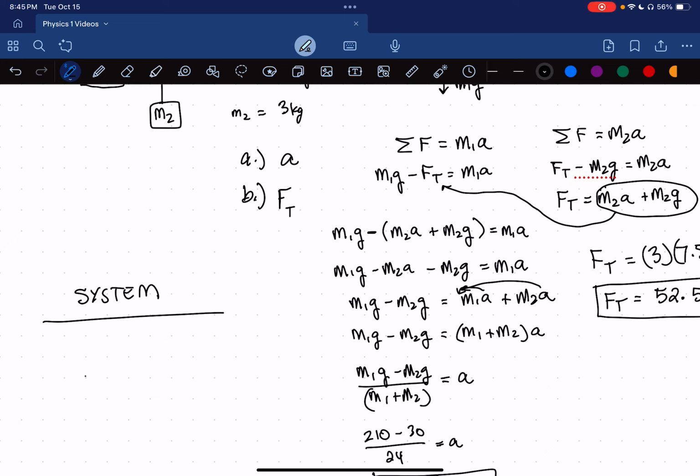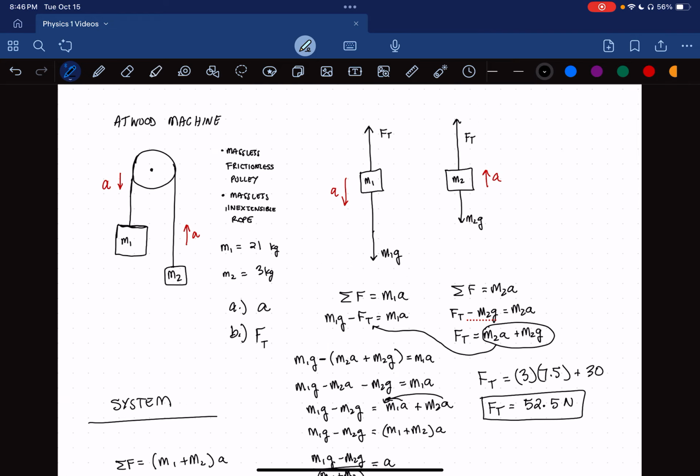And the sum of all forces on that system is (m1 plus m2) a. We're trying to solve for a this way.